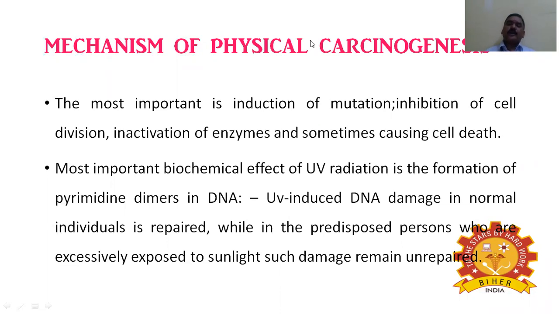The ultraviolet rays induce DNA damage, which in normal individuals is repaired. Why? In predisposed persons who are excessively exposed to the sunlight, such damage remains unrepaired.